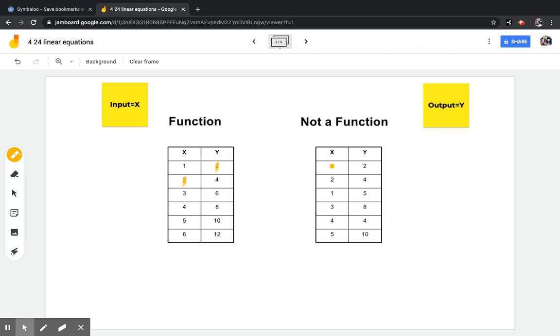So x, I have 1, 2, 1. All right, so I have my ones repeated, and I cannot have that to have a function. 3, 4, 5, those ones are good. This side, I have 2, 4, 5, 8, 4, 10. All right, I have repeats of the 4s. So that means that this one is not a function at all.